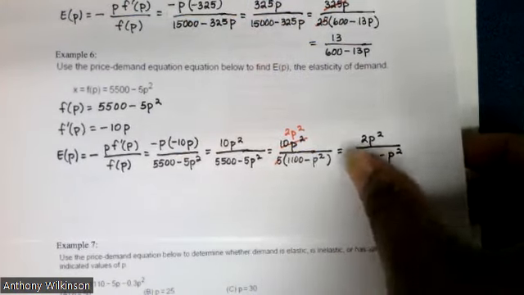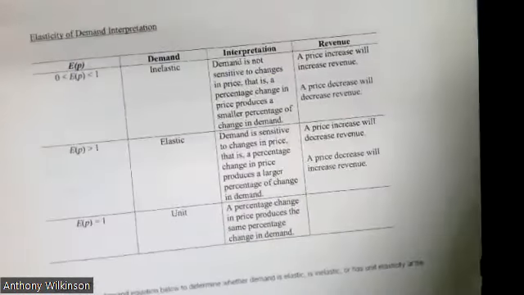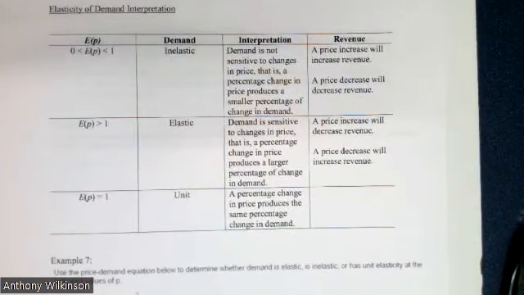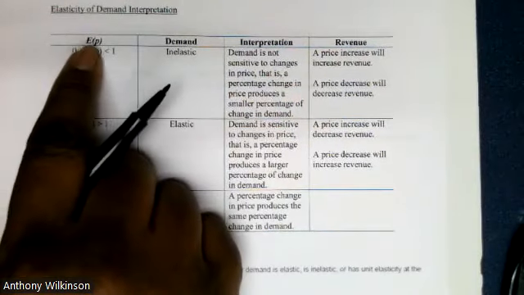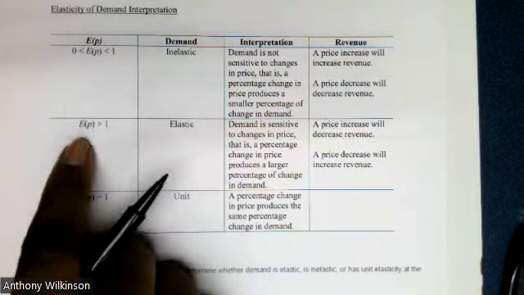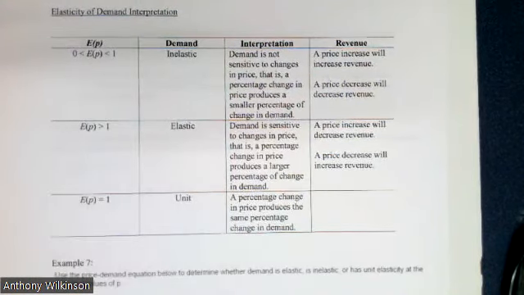Okay. Now let's interpret the elasticity of demand. And here's the table just for that. E of P could be between 0 and 1, or it could be greater than 1, or it could be equal to 1. Okay? But keep in mind, it's never going to be less than 0.